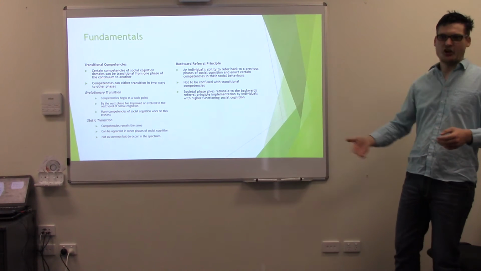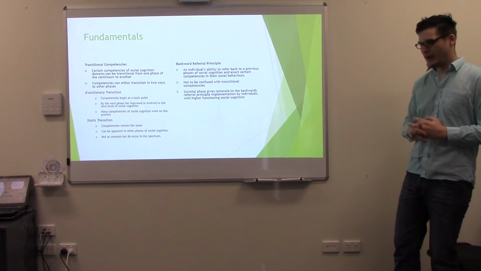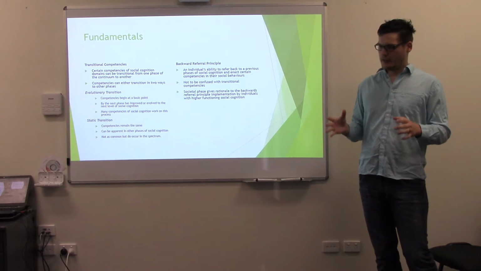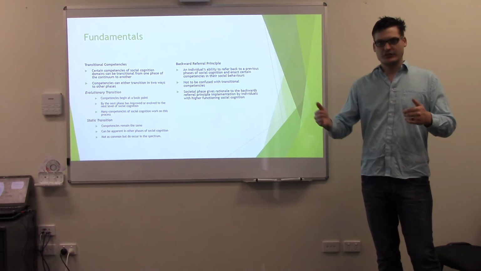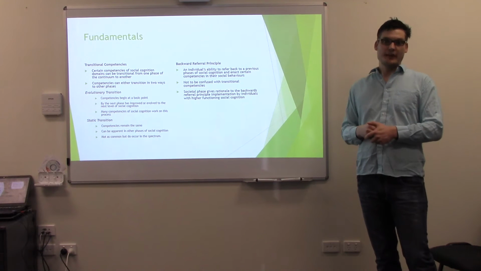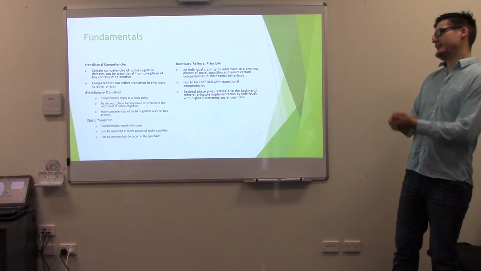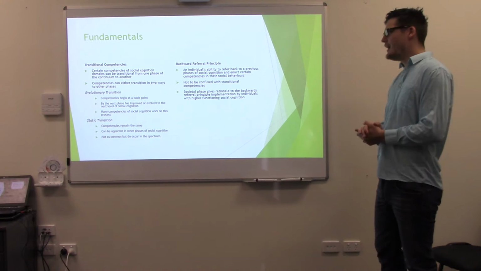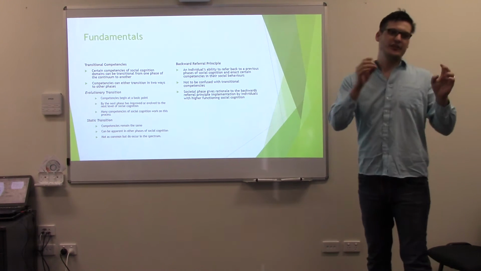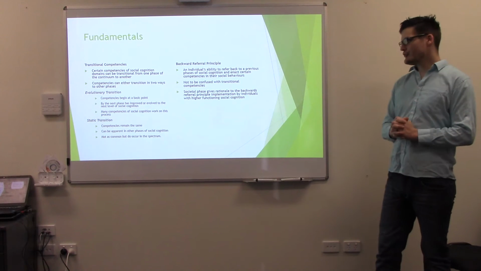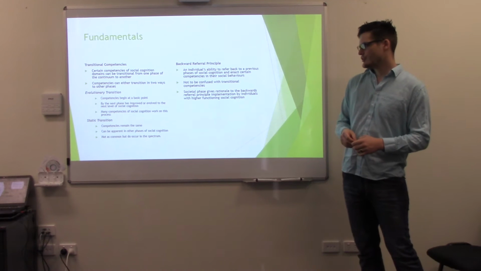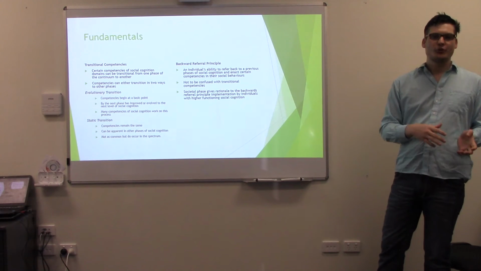And then by the time they reach the last phase, they're able to communicate across a broad range of situations. The other type of transitional competency is a static one. So they basically remain the same for all points of the spectrum and can be apparent in other phases of social cognition. They're not as common, but they do occur.